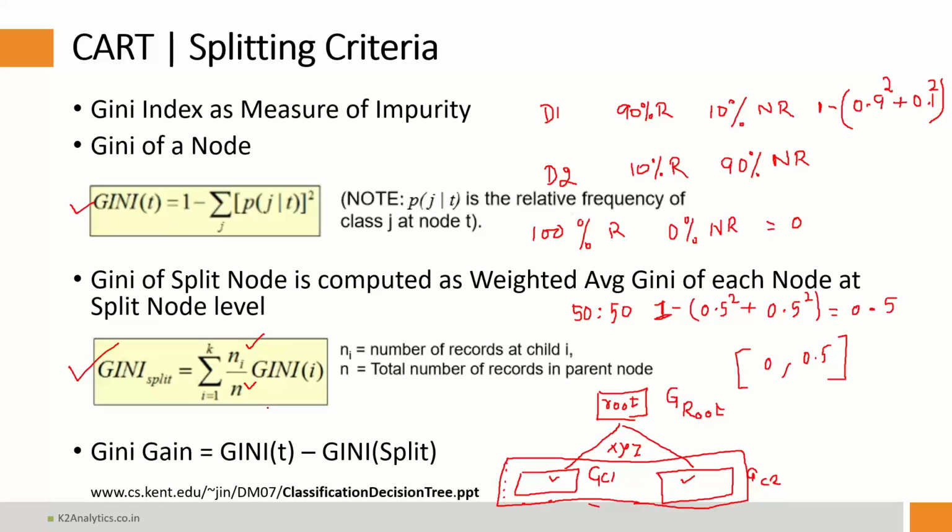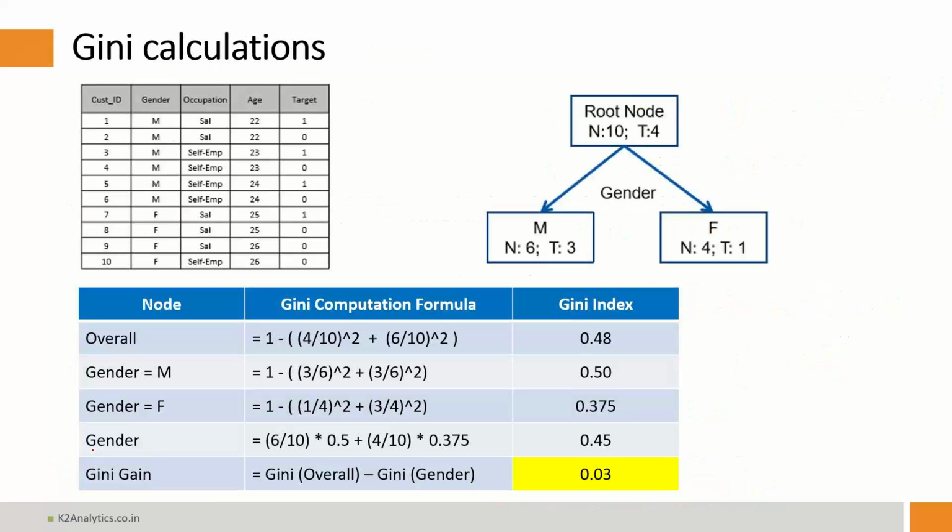And the difference between the root node Gini and the split Gini is called Gini gain. So this is the entire theoretical aspect. With the theoretical aspect, probably you may not have understood completely. So let's take a practical aspect, wherein we will have a small data set. On that small data set, let's do calculations and find out Gini gain. Okay, let's do a practical calculation.